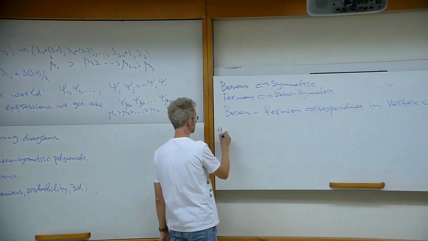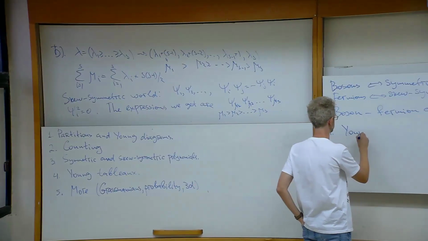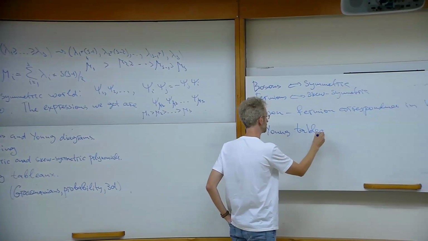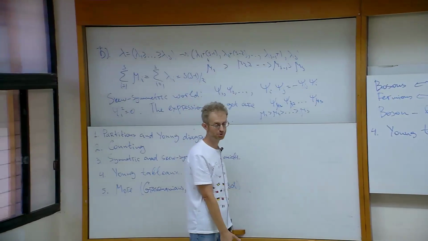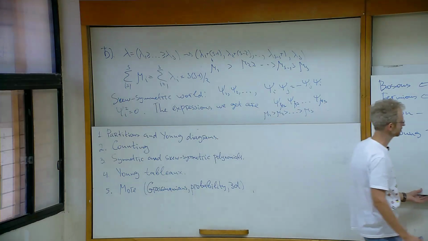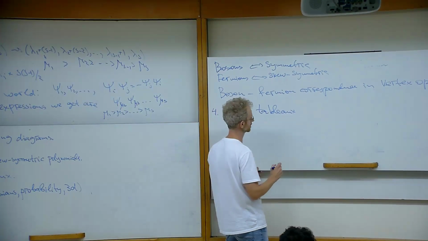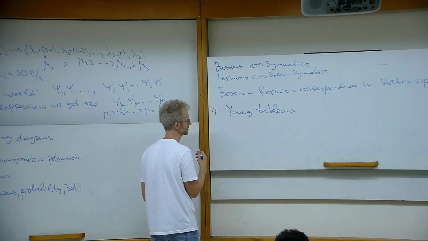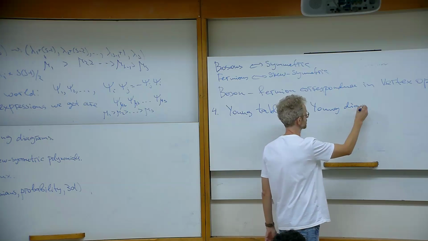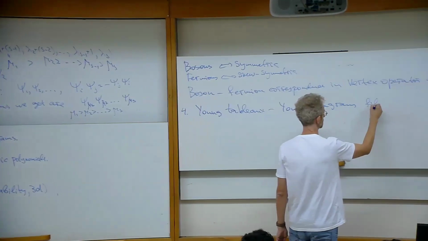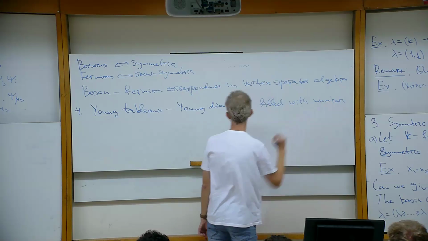Okay, so we are left with tableaux. And probably this is the most famous application, at least in algebra and representation theory. You can forget about everything we've been talking about before. This is a separate object. Of course, not about the definition of the Young diagram. Young tableaux are Young diagrams filled with numbers. Let me give you an example.